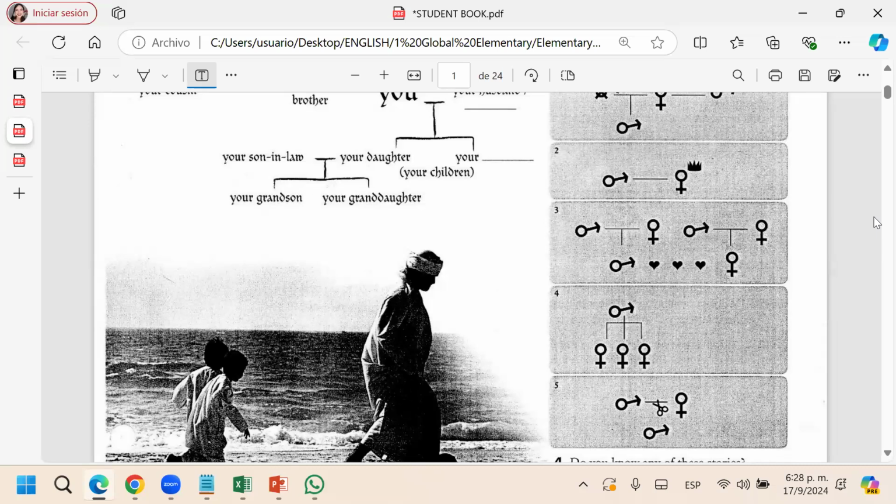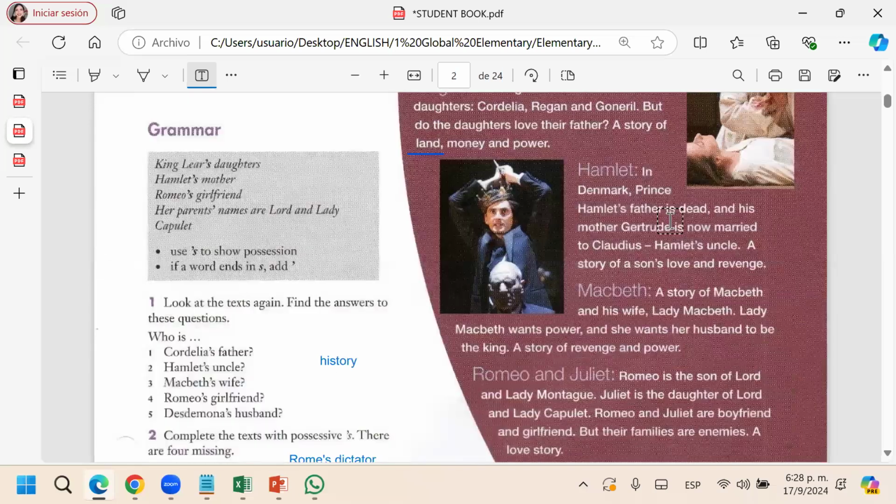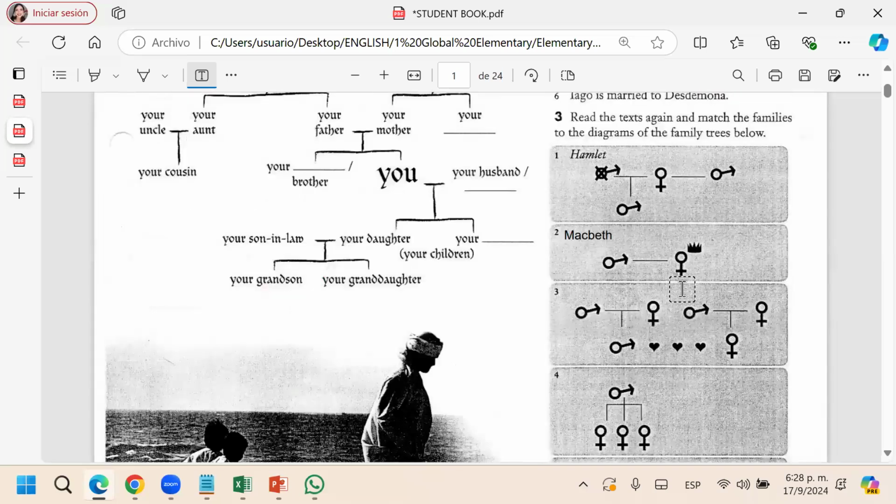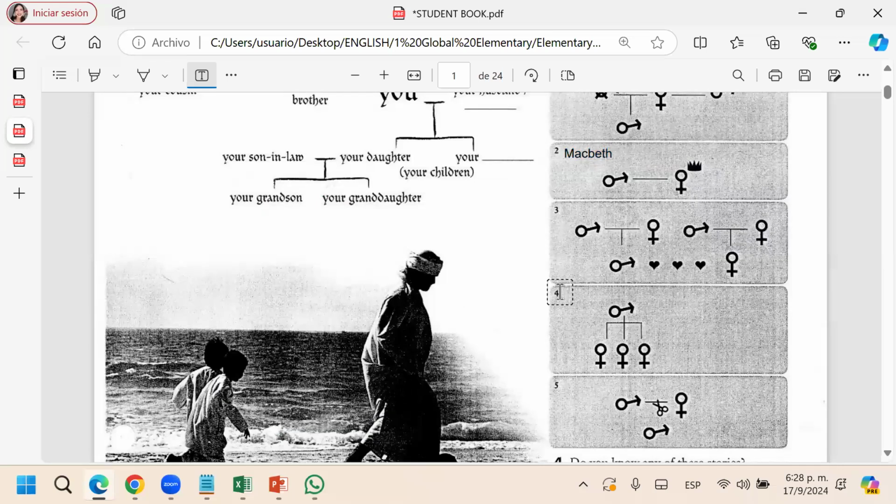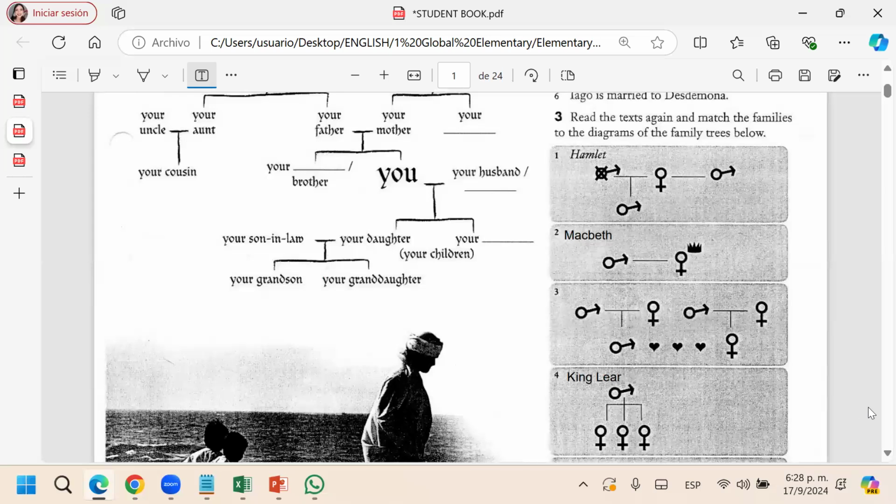What are the names? Is it Macbeth? The second one. Macbeth is the queen, yes. The fourth is King Lear because it has 3 daughters.